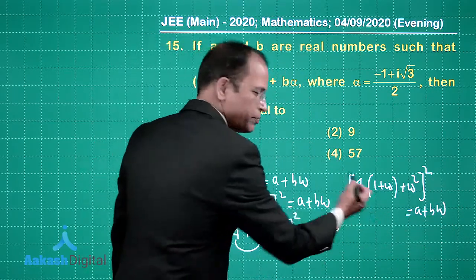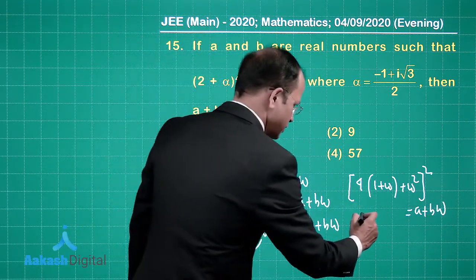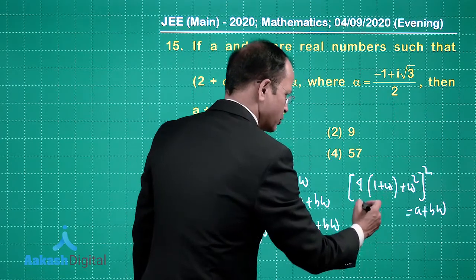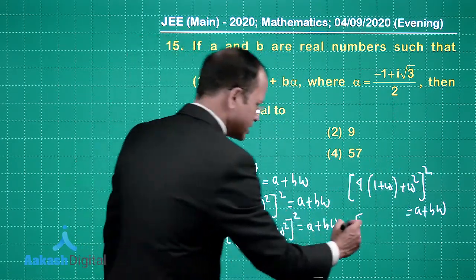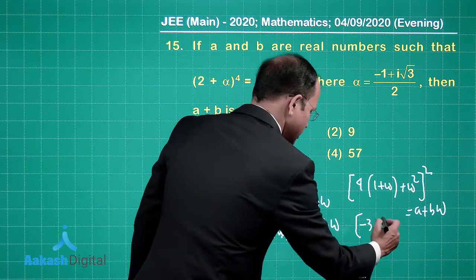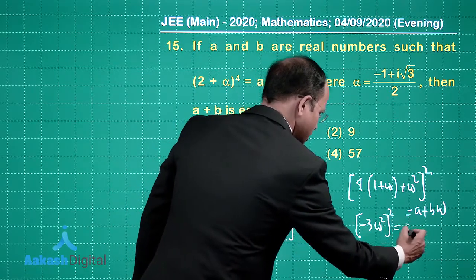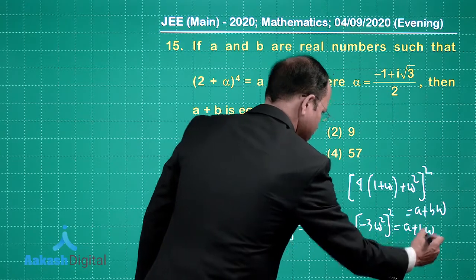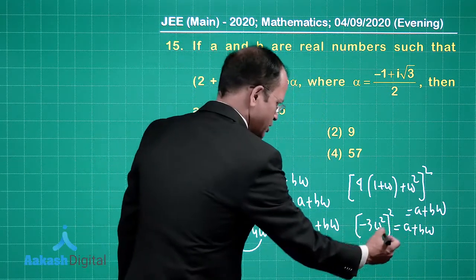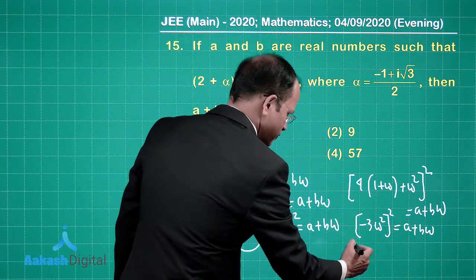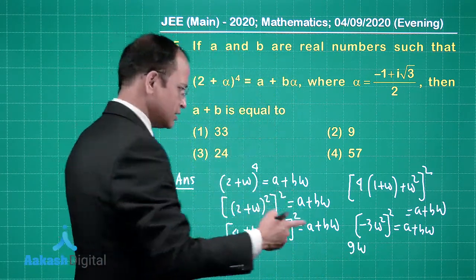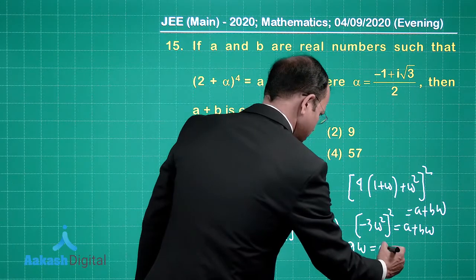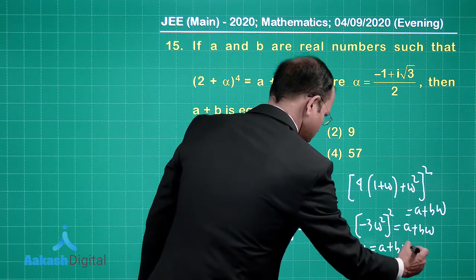Now this is coming out to be minus omega square, which is nothing but minus 4 omega square, and plus omega square, that is minus 3 omega square, and this is whole square, which is A plus B omega we can write, isn't it? So we have 9 here, we have omega 4, that is omega cube into omega, this is omega, this is coming out to be A plus B omega, right?